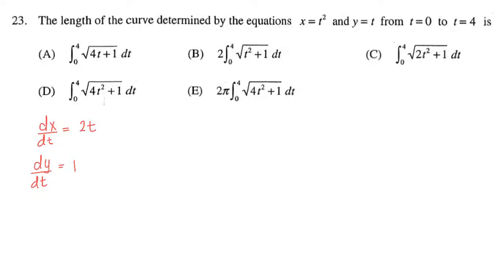Now we plug into our formula, and we were told we need to find this from t equals 0 to 4, and it's the square root of (dx/dt) squared, so we have our (2t) squared plus our (dy/dt) squared. And so it looks like we're going to get answer choice D.